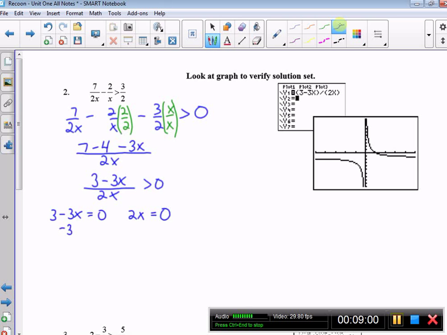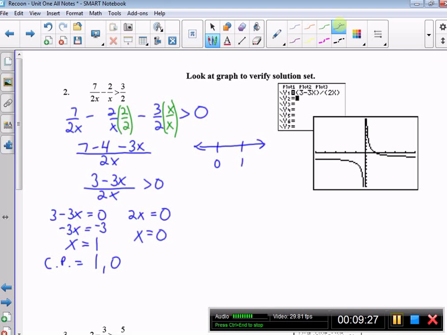So I get -3x equals -3, and dividing by -3, x is equal to 1, and 2x equals 0 gives x equal to 0. So my critical points are 1 and 0. So now I go and I place them on the number line.